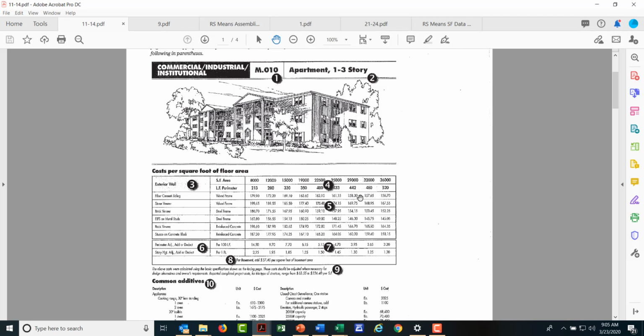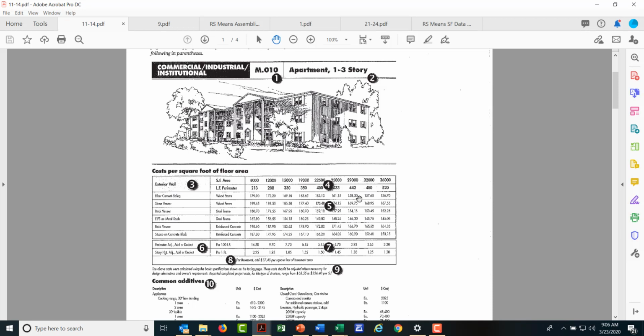If I do all fiber cement siding, it's $158 a foot. If it's stucco or stone, it's $169. At 5,000 feet, I'm probably looking to split that, so maybe I'm at $163 a square foot. Real rough, okay?